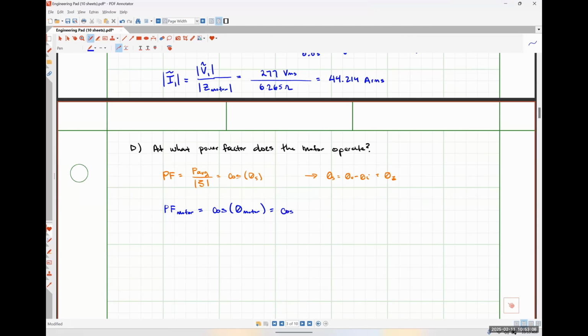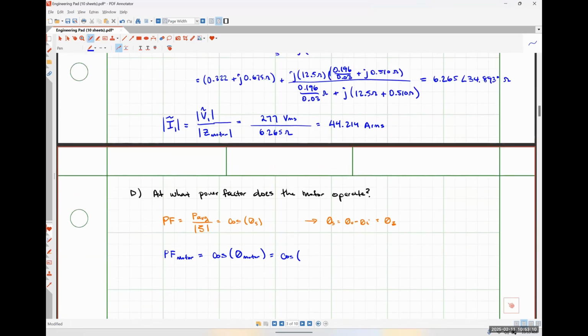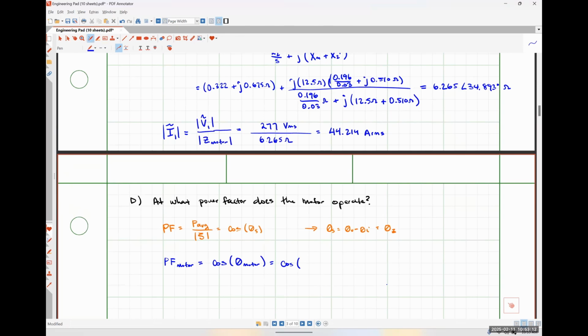So that would be the cosine of what angle? Let me scroll up for you guys. 34.893 degrees, okay? So when I put that into my calculator, I got 0.820. Is this lagging indeed correct?